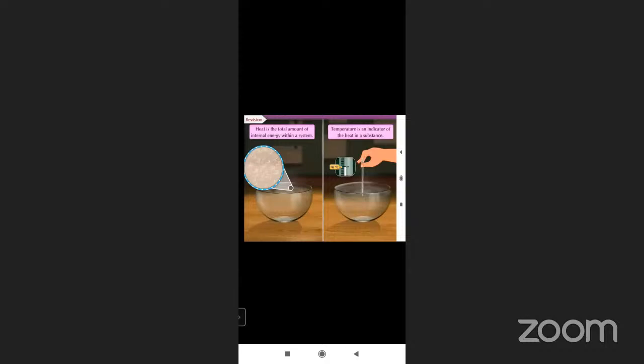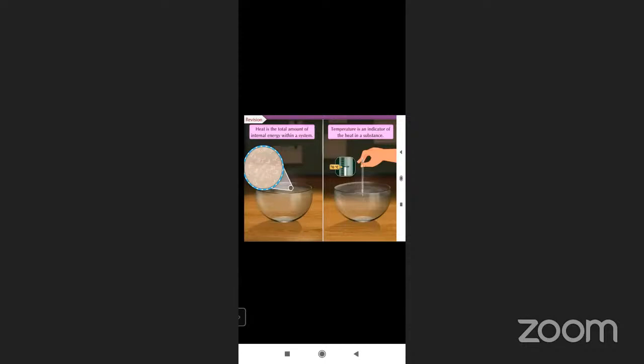The total energy of all the particles of matter in a given sample is called its thermal energy. In short, heat is one form of energy, and temperature is what? It is a quantitative measure of the degree of hotness or coldness of a body.